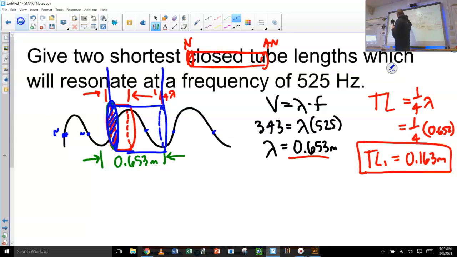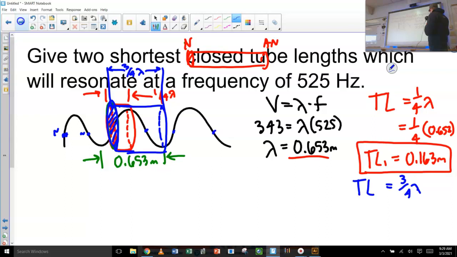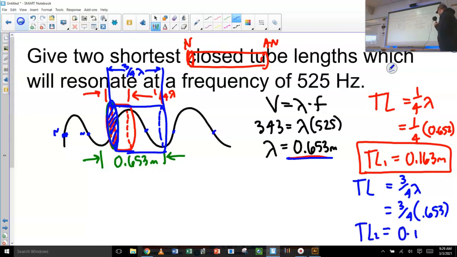This right here, this is 3/4 of a wavelength. So the tube length is 3/4 of a wavelength. And since we know the wavelength, again, is 0.653, you take 3/4 times 0.653. So that tube length, second one, that will work, 0.490 meters.